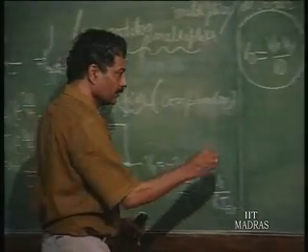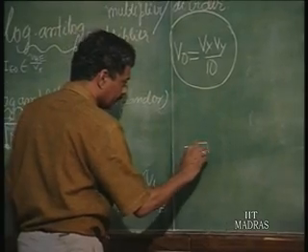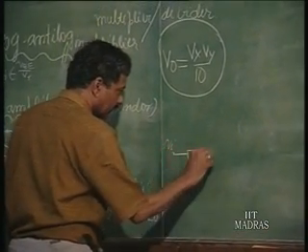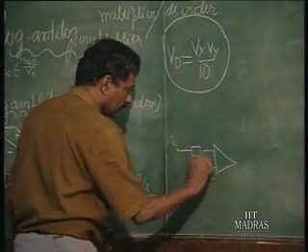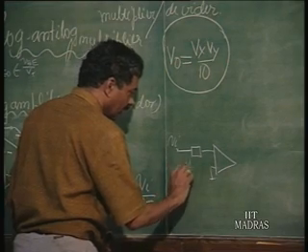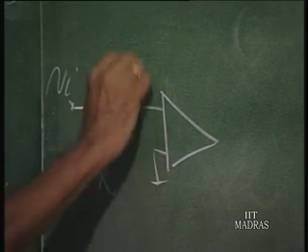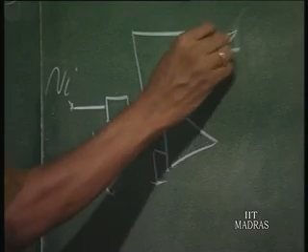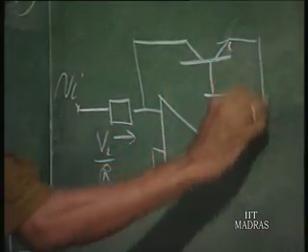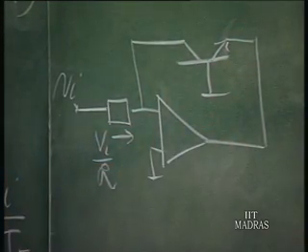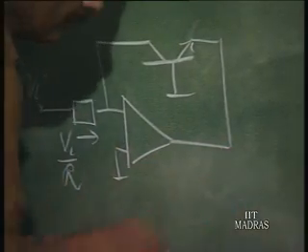How do I do that? What I do is I simply say, okay, this is going to be Vi, this is going to be Vi by R, this is the collector current and this shall be the voltage. But after this I will put an amplifier.